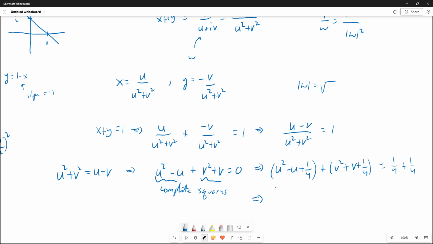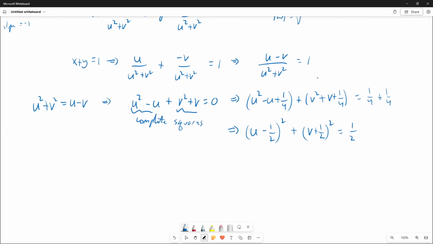Now let's write this as a square. This is u minus 1/2 quantity squared. And this one is v plus 1/2 quantity squared. And the right side is 2/4, which is a half.